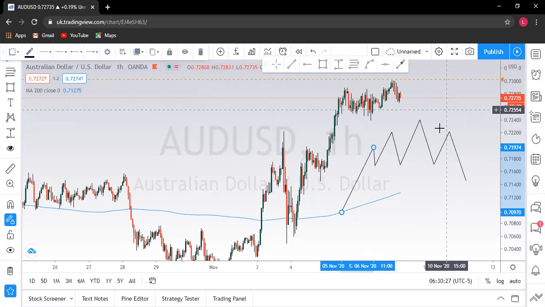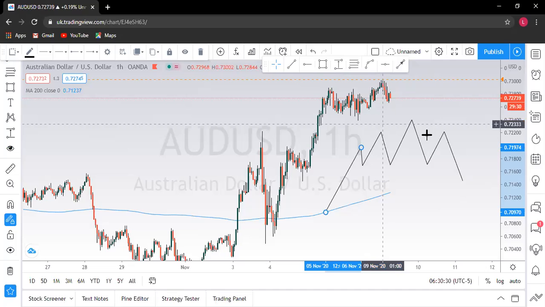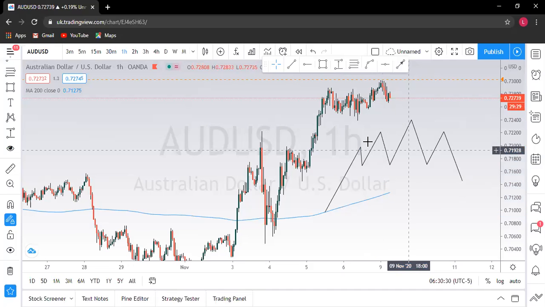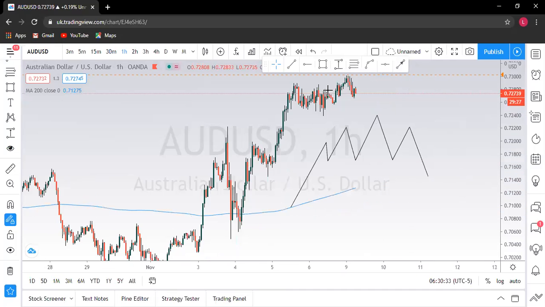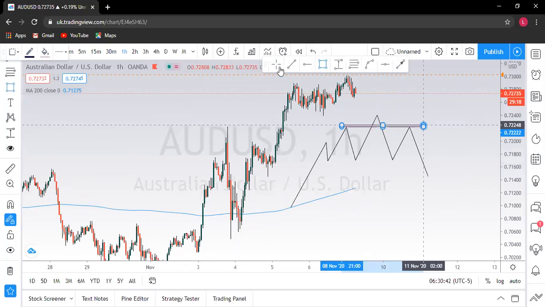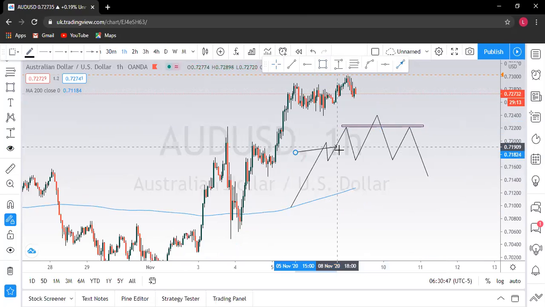So that is what this head and shoulders is for. However, look at this. These ones are equal. This is called the left shoulder. Let me label it.